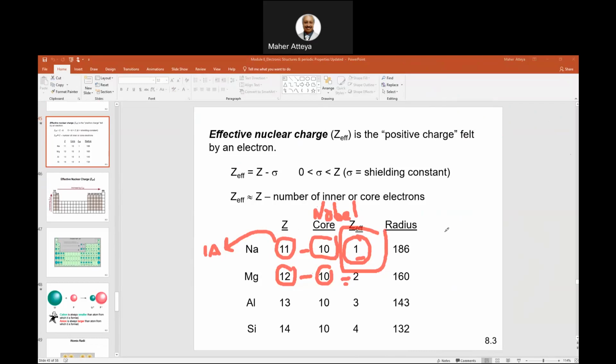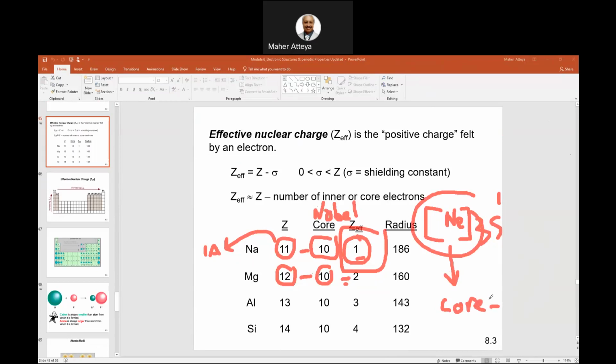If you look at neon, if you look at nitrogen, let's look at nitrogen. Nitrogen goes all the way to argon, neon. This is the electron configuration of nitrogen. So this is called the core shield, or a shield.